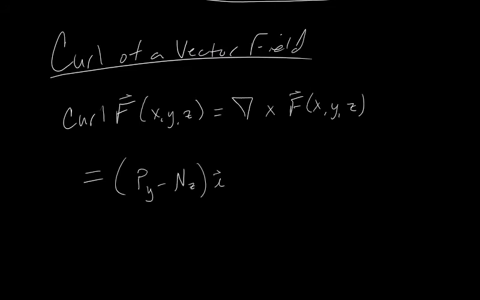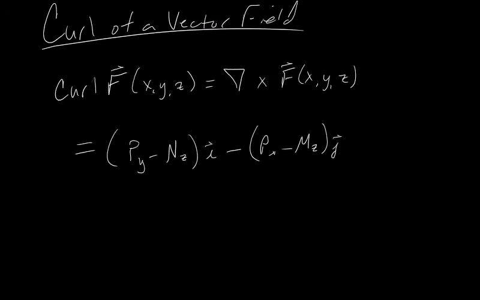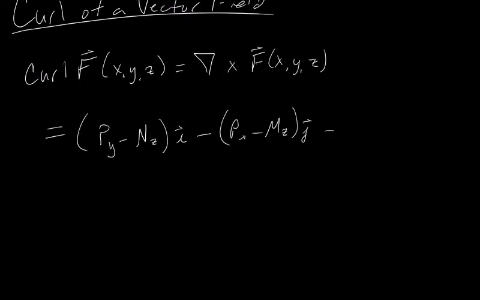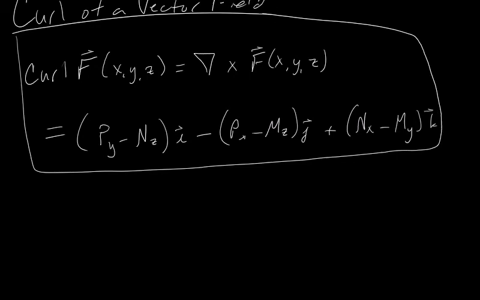That is our i component. Minus the partial of p with respect to x minus the partial of n with respect to z. That's our j component. So you can see the cross product appearing here. Plus the partial of n with respect to x minus the partial of m with respect to y in the k direction. Okay, so this is the definition of the curl of a vector field.